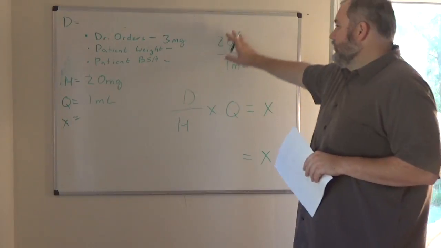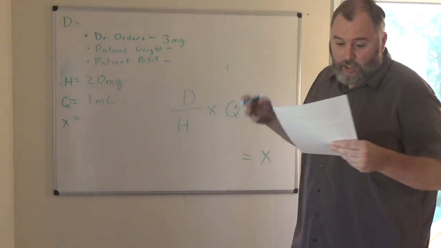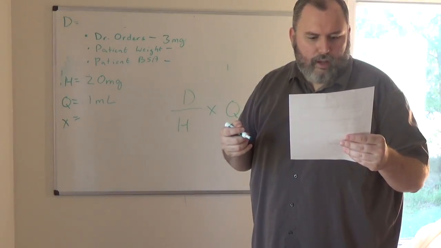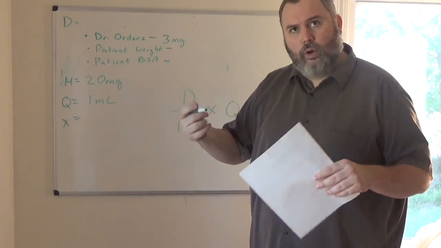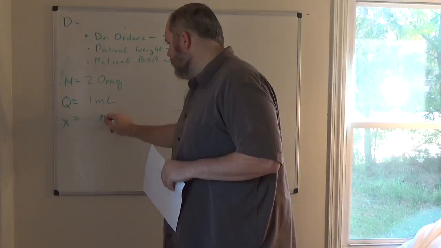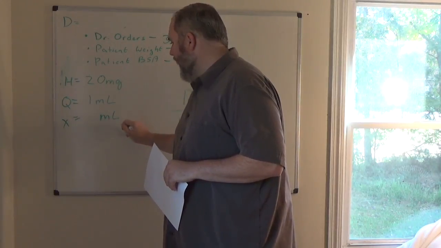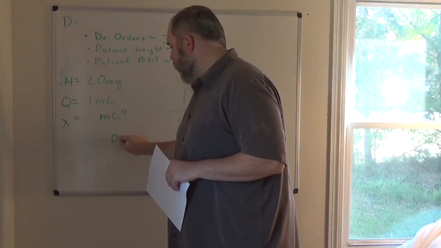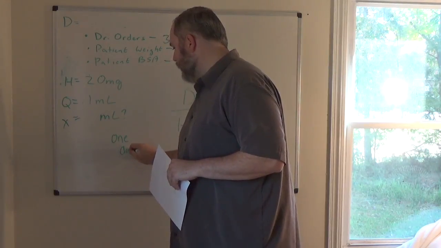Okay, so then the question says, how many mLs do you need to give subcutaneously in 1 day? Alright, so we're asking for milliliters, but it's wanting 1 day. We don't need to forget that.